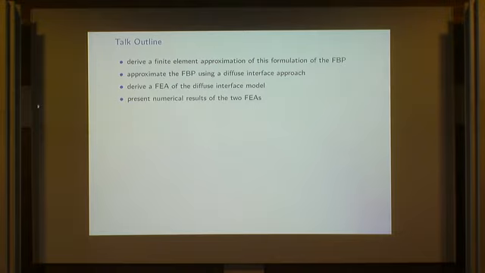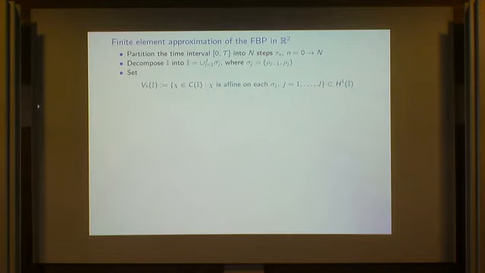Then we were also interested in deriving a diffuse interface approximation of this free boundary problem, which enables morphology changes to naturally occur, and as morphology changes occur in tumour growth, that was our incentive for deriving a diffuse interface model, doing a finite element approximation of it, and then presenting some numerical results.